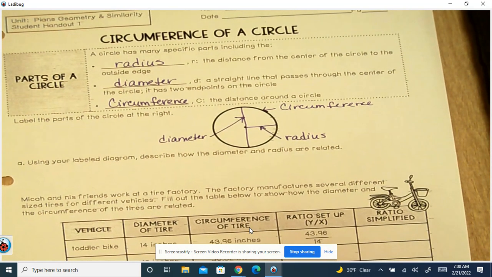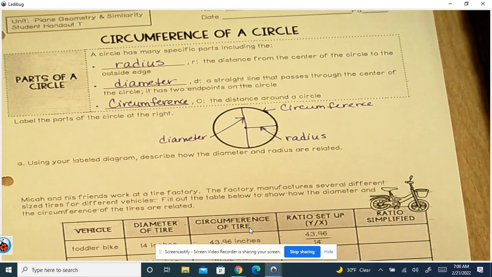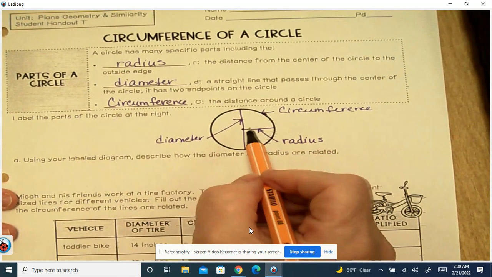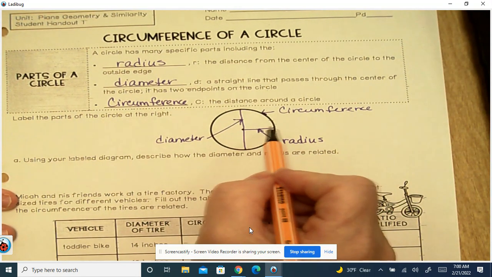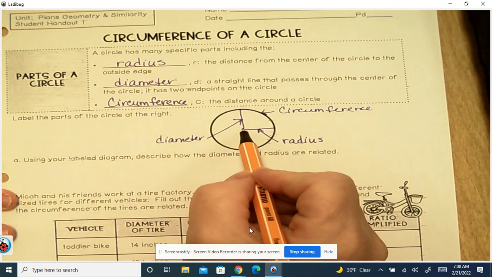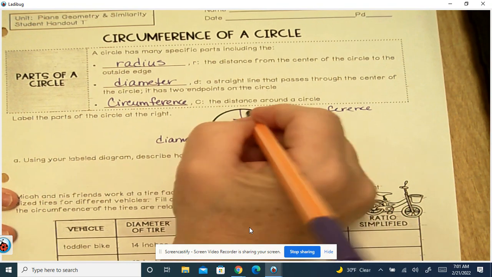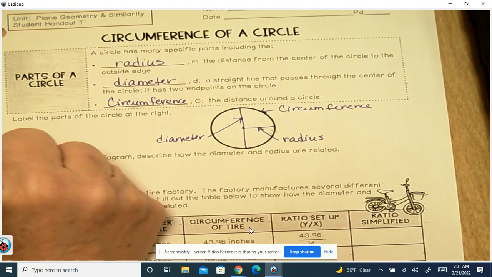Using this diagram, let's describe how the diameter and radius are related. If you look, the radius, because this would be a radius too from this point to here, the radius is half the diameter.